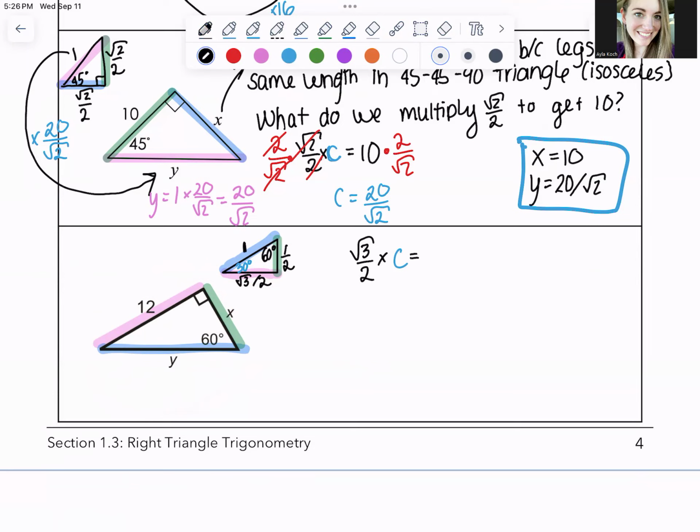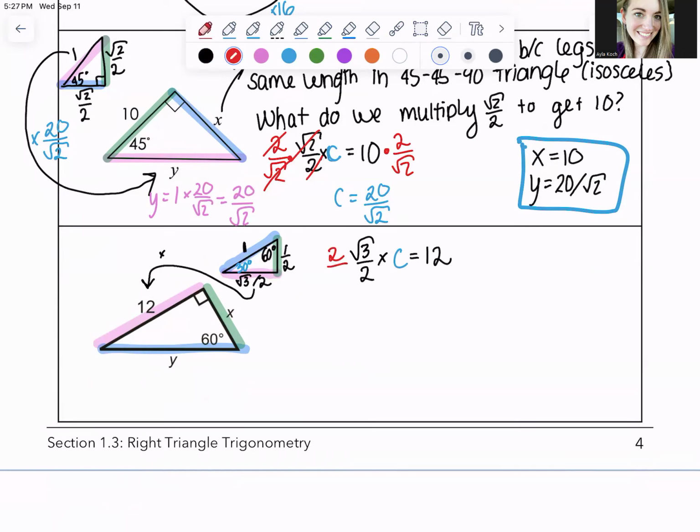We had square root 3 over 2 on the pink side here, 12 over here. We're taking the side we know the most about and using it to find more information about the triangle. So square root 3 over 2 times something we're looking for is equal to 12. What is that scaling factor? What do I multiply by to get there?